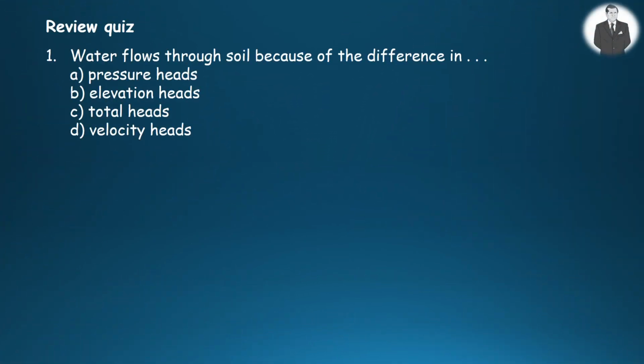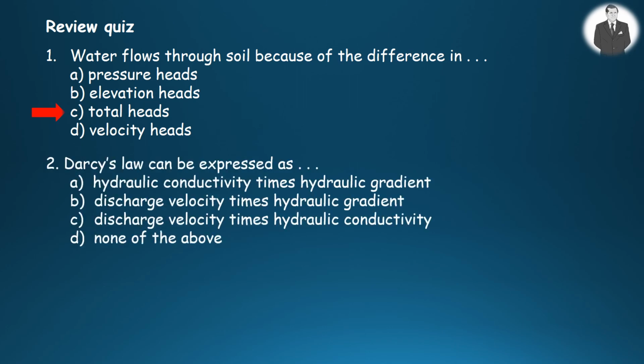Now it's quiz time. The first question: water flows through soil due to the difference in what? Yes, the answer is C, total heads. Good. The second question: Darcy's law can be expressed as, this is an easy one. Which is your choice?